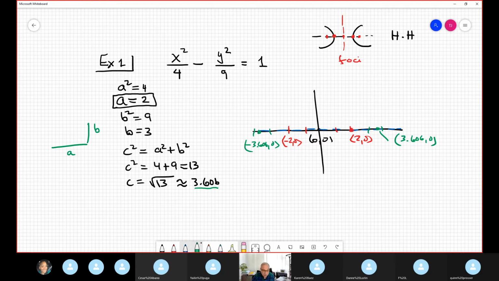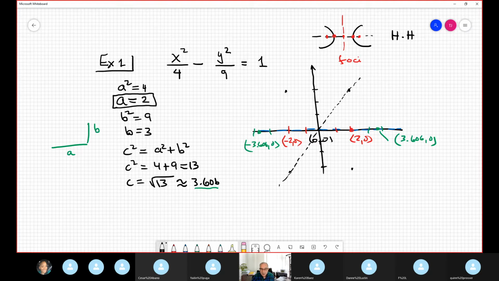So, 1, 2, 3. One corner of the reference rectangle is like that. Another corner is like that. Another corner is like that, and another corner is like that. Then you connect the center and any corner, and this is my asymptote.